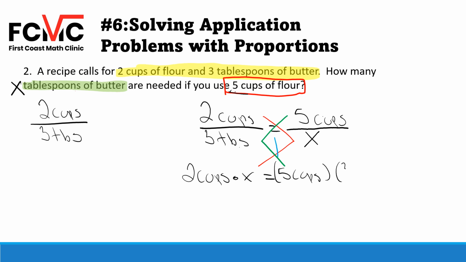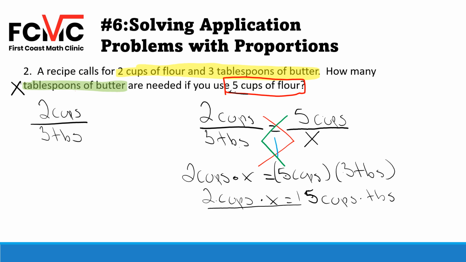I'm just going to multiply the 5 and the 3, so we get 15 cup tablespoons. I'm keeping all the labels here just so we can see what exactly happens to the labels. Now I want to get that x by itself. So I've got 2 cups times x equals 15 cup tablespoons.